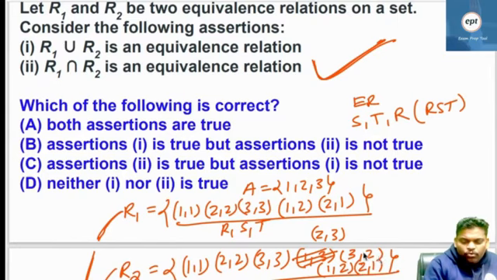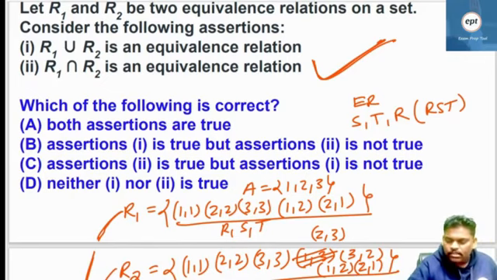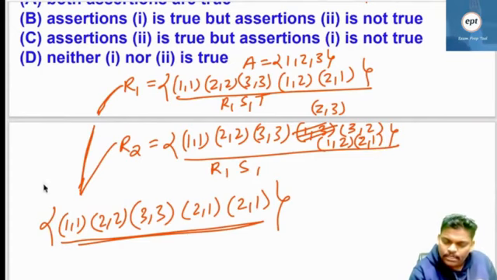Next one. 1, 2 reverse is 2, 1. Both cancelled, so 1, 1. If you do the intersection, common pairs are these only. 2, 3, 3, 2 are not common. This is the intersection story.